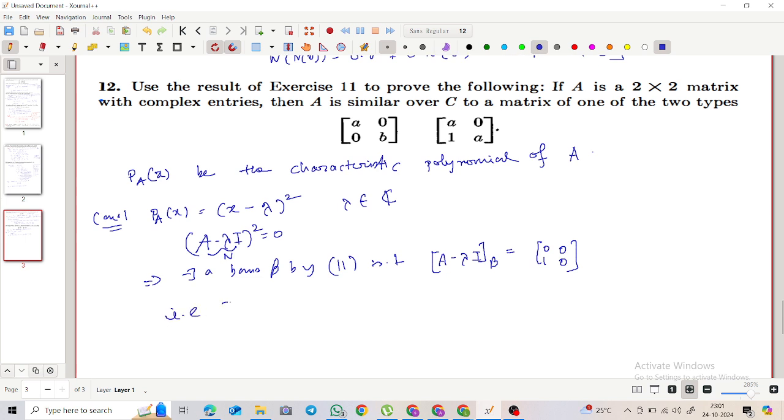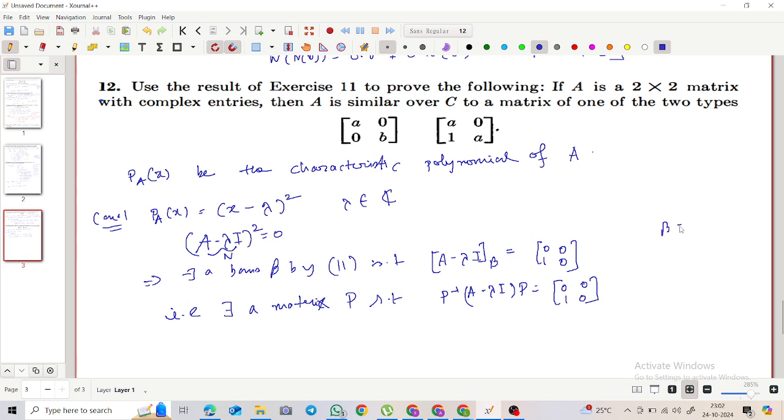That is, there exists a matrix P such that P inverse (A minus lambda I) P is this, because we all know that change of basis is just by pre-multiplying by P inverse and post-multiplying by P, where P is nothing but the matrix of this basis.